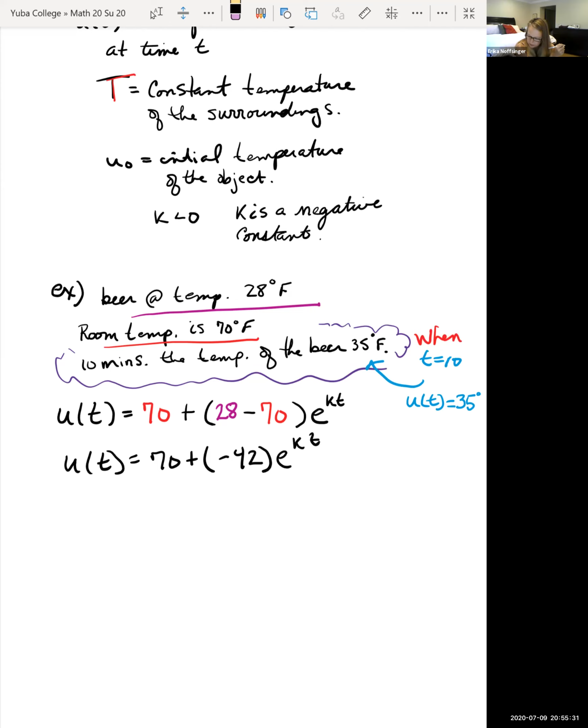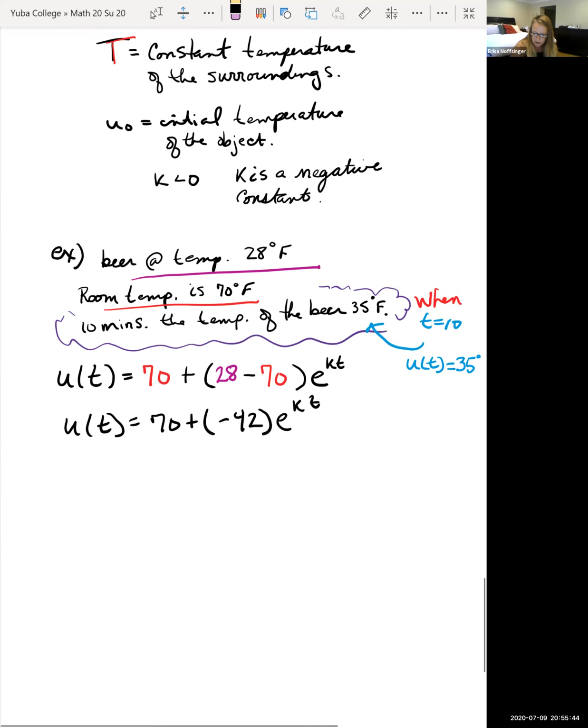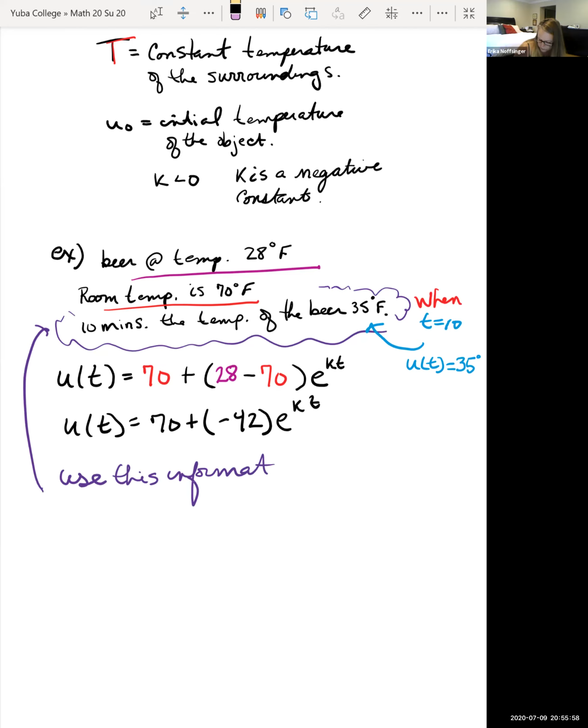Sorry, we don't have two variables. We have u(t) and we have t, and now we can figure out what k is. Once we know what k is, then we have the formula that we can use to answer any question. So we're going to use this information to find k.